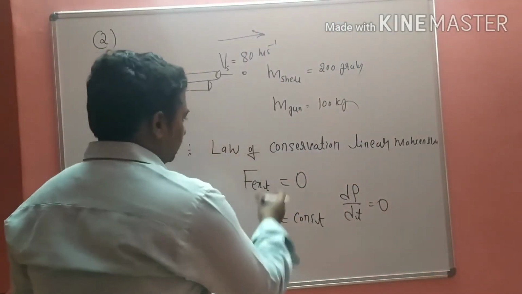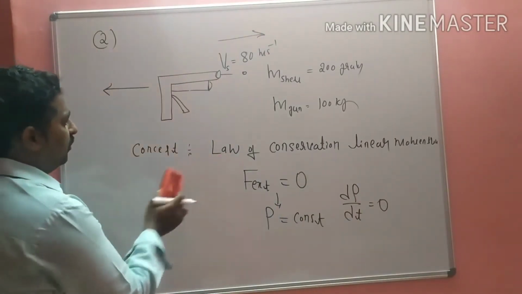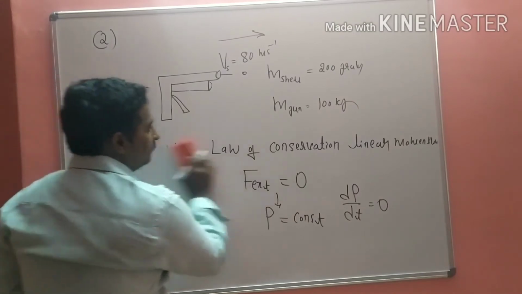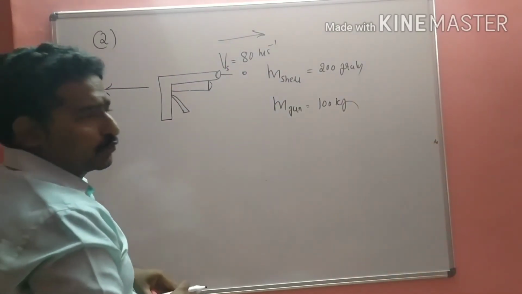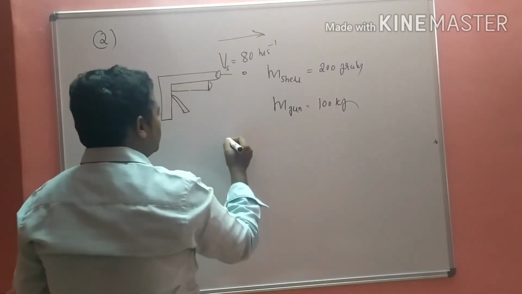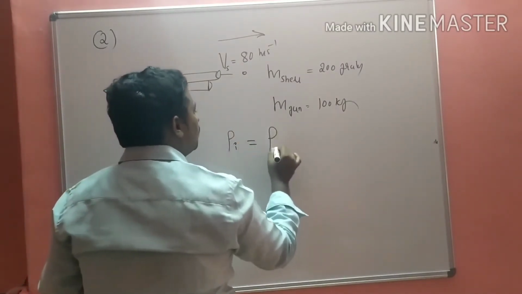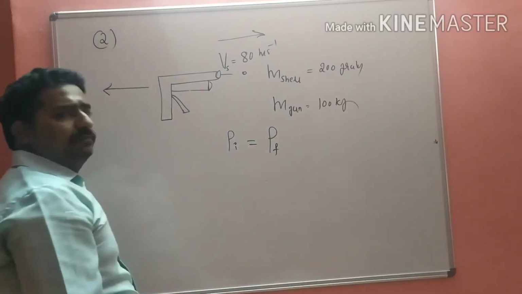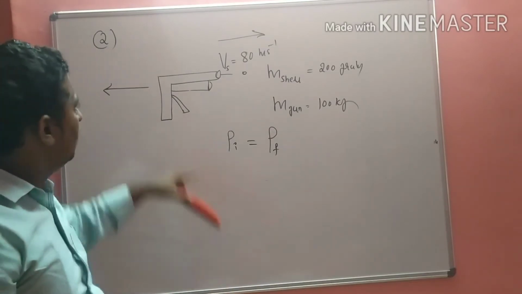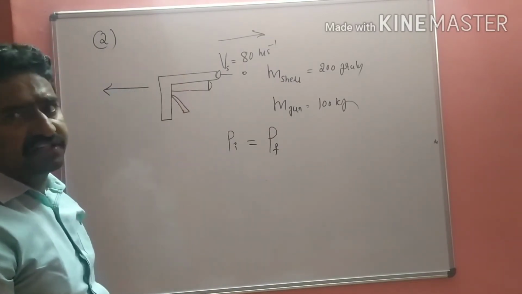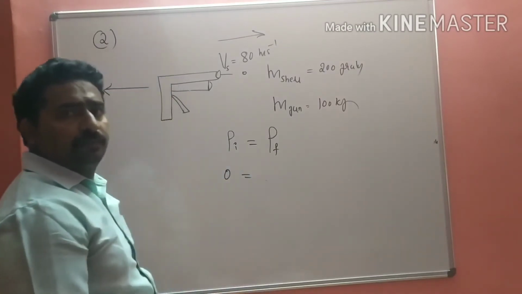Okay, so this is the concept. Now you have to solve this using this concept. The concept is understood: initial momentum is equal to final momentum. The shell is initially at rest inside the gun, so the initial momentum is 0.